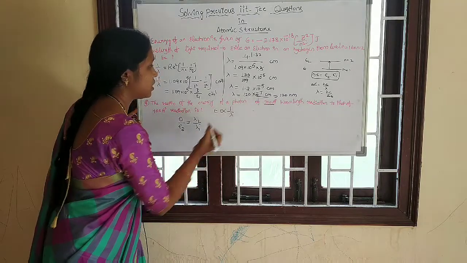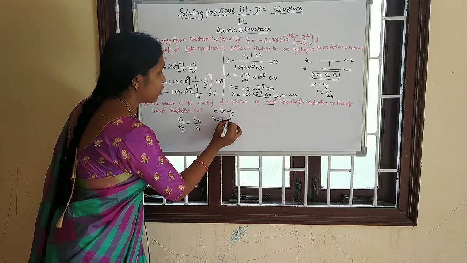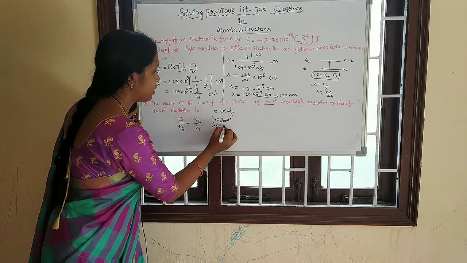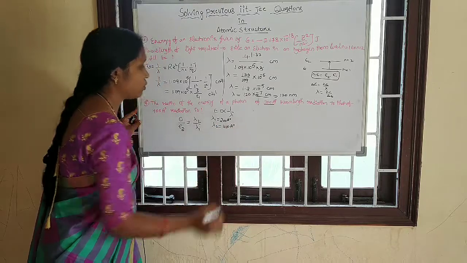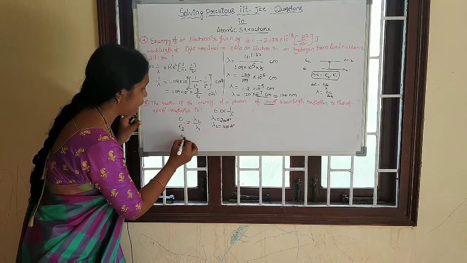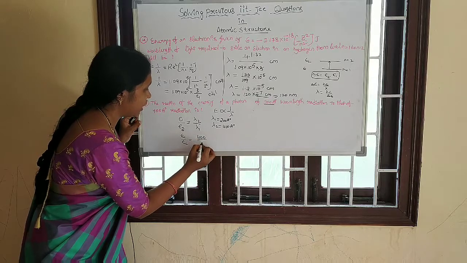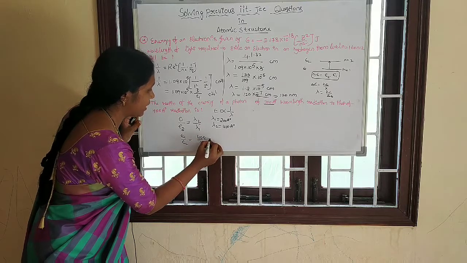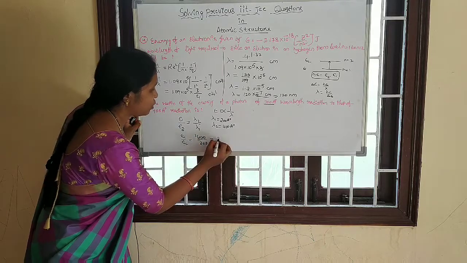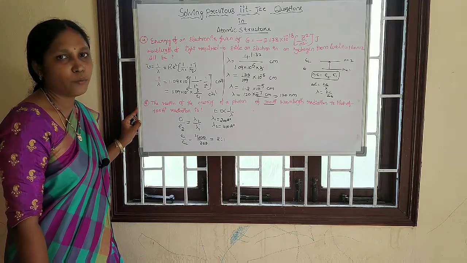The first radiation has wavelength 200 angstroms, the second radiation has 400 angstroms. E1 by E2 equal to 400 angstrom by 200 angstrom. Angstrom will be cancelled, and 2 cancels. So the ratio of energy is 2:1.